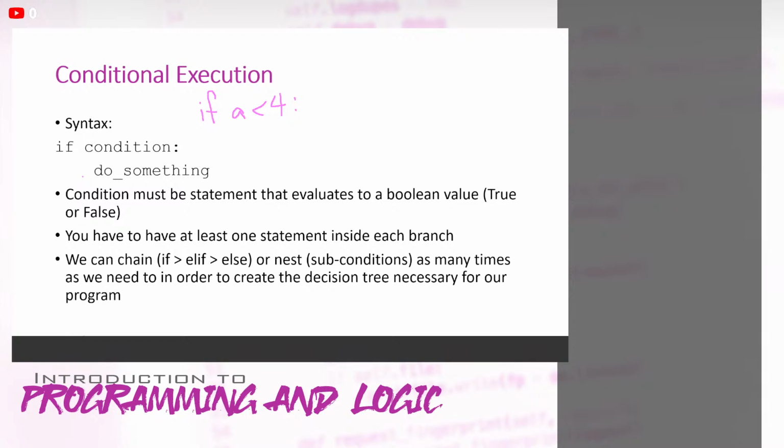So this gives us what we call a Boolean value. The term Boolean came from a mathematician by the name of George Boole, B-O-O-L-E.